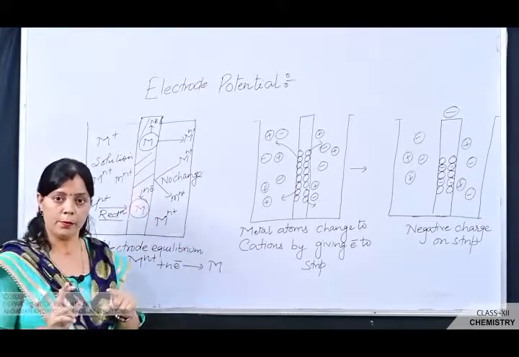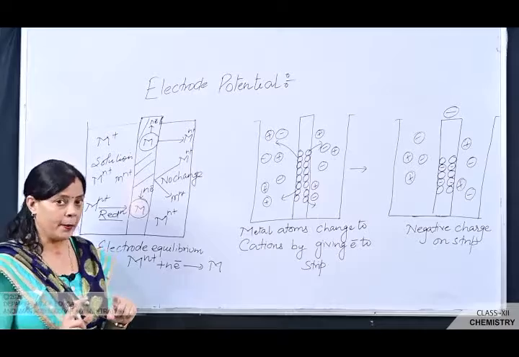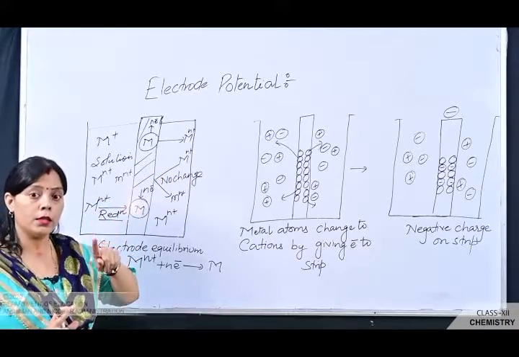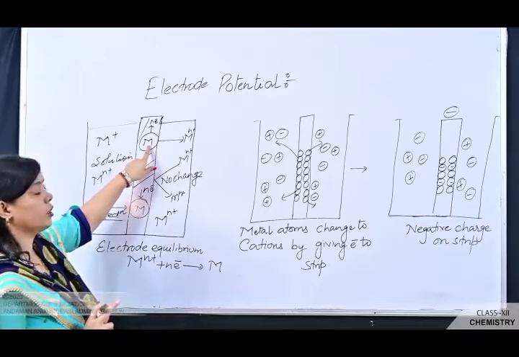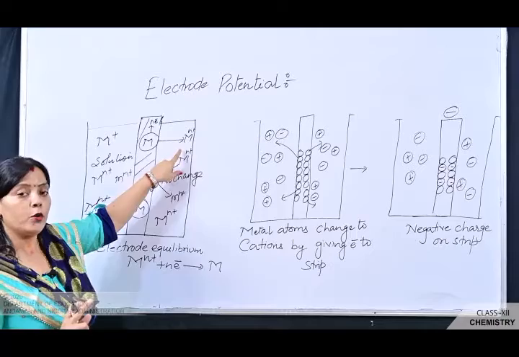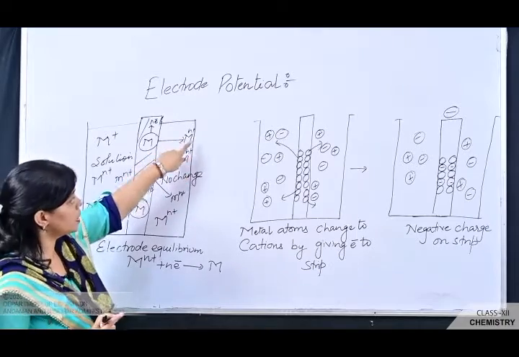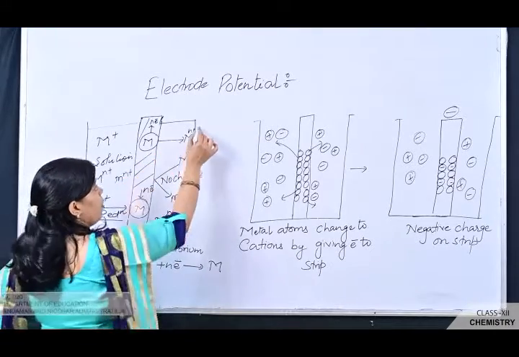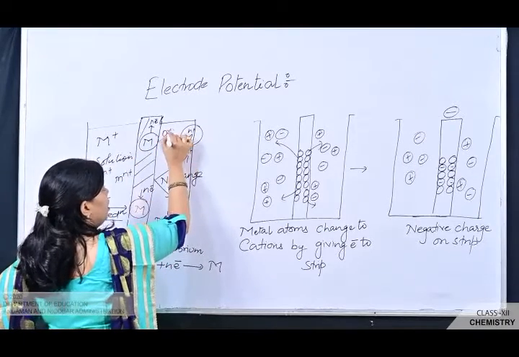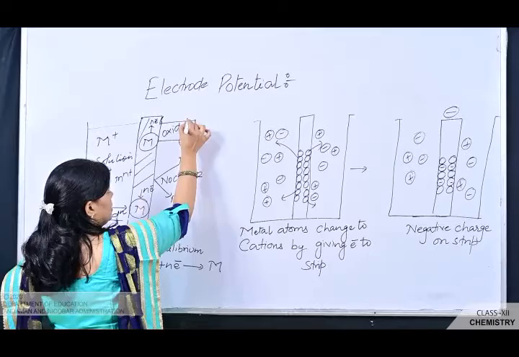The third possible process is that the metal atom on the strip may lose n electrons, and after losing the n electrons it enters the solution in the form of Mn+ ion, that is, it undergoes the oxidation reaction.